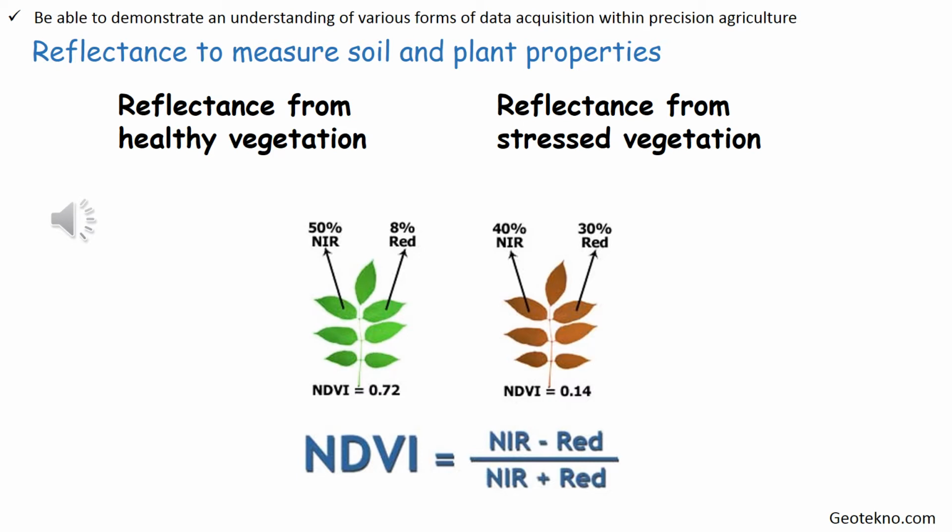A high NDVI value indicates a greener, healthier plant. A low NDVI value is indicative of a plant that is less green, and that could be due to water stress, or a younger plant that is still becoming established, or an older senescing plant.